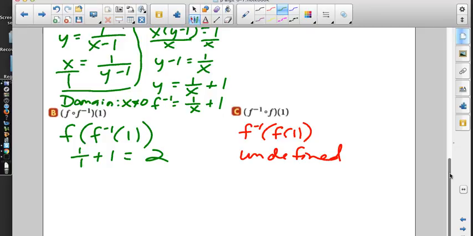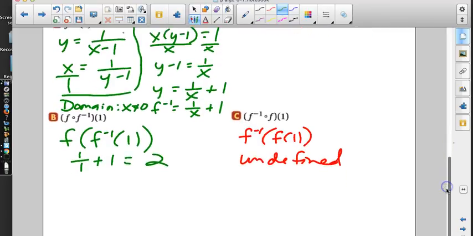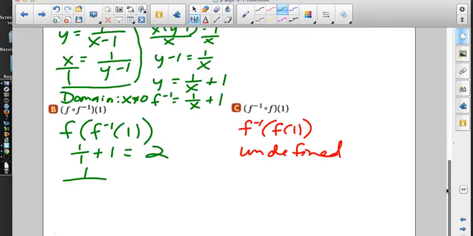But we're not done. And that's because after we find f inverse of 1, we still have to put that back into f. Is it okay to put a 2 back into our original function? Yes, that's perfectly fine. So, original function up here was 1 over x minus 1. Well, 2 minus 1 is 1.